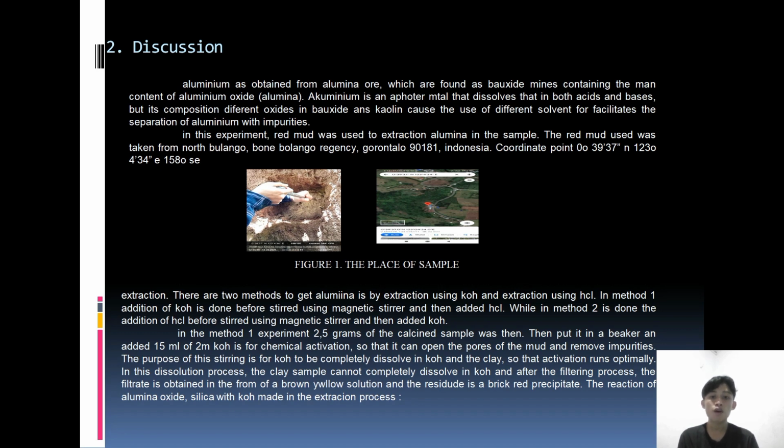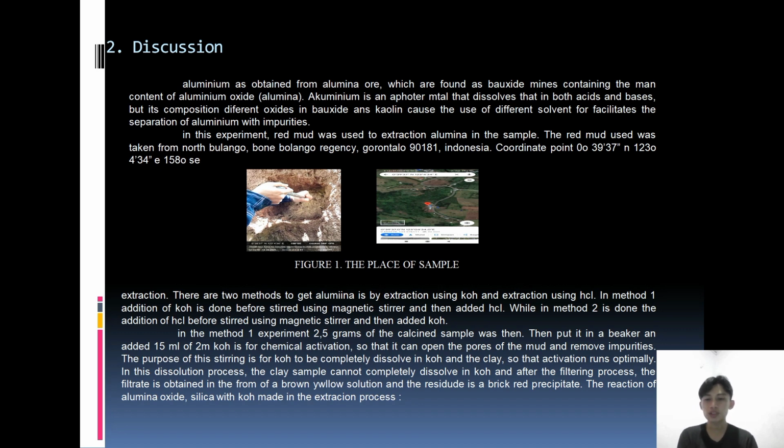2.5 grams of the mud sample was put in the beaker and 50 ml of 2 molar KOH was added. KOH is for chemical activation so that it can open the pores of the mud and remove impurities. The purpose of the stirring is for KOH to be completely dissolved in the clay so that activation runs optimally.